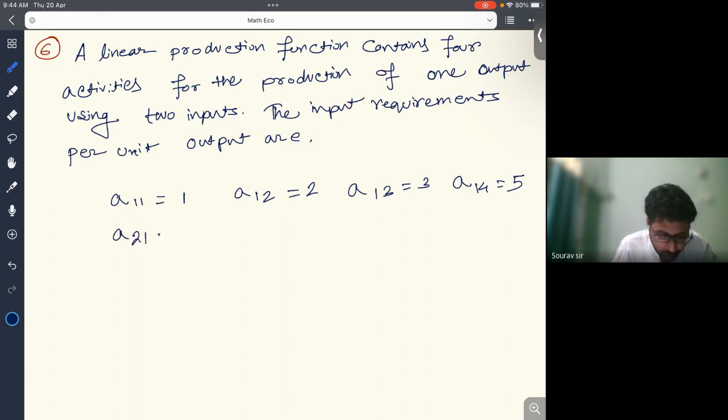Similarly, A21 is equal to 6, A22 is equal to 5, A23 is equal to 3, and A24 is equal to 2.